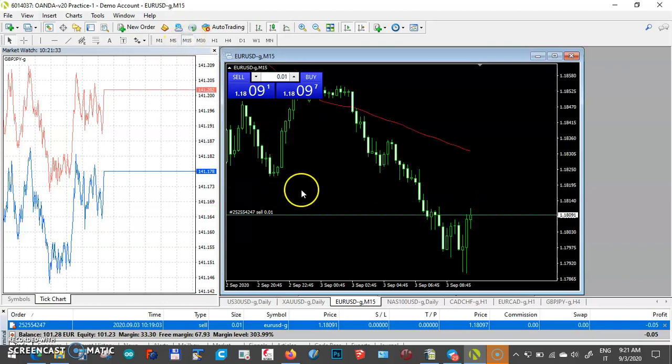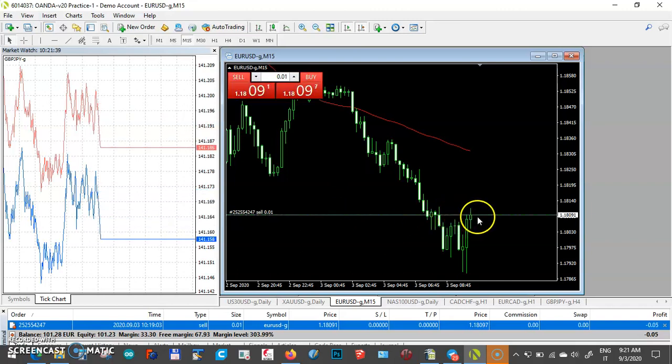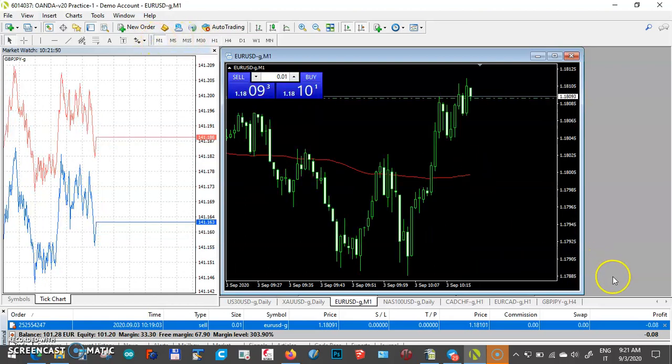I'm going to see the M15, and the M15 says to me that it should go higher to retest this area, the 1 hour too, and therefore as soon as possible I'm going to close this trade.